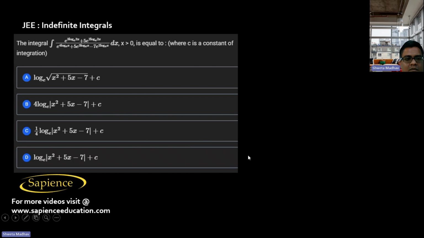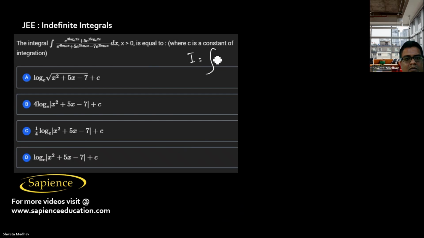Here it has been told that I is the integral of (e power 3 log base e 2x plus 5 e power log base e 2x) by this dx, that x is more than 0, is equal to how much.